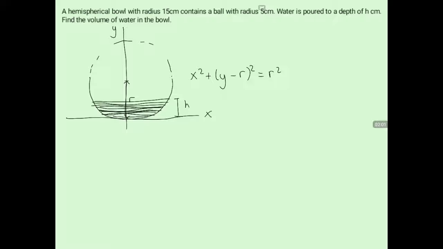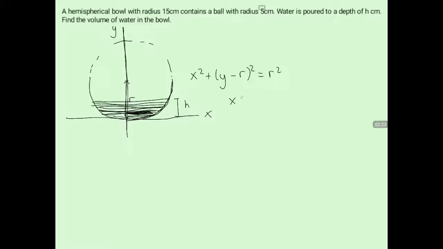So to do that, first we need to figure out how to find the area of a circle. So we need pi r squared. For the radius, we would need to find the distance between this arc and the y-axis. So to do that, we need to solve for x.